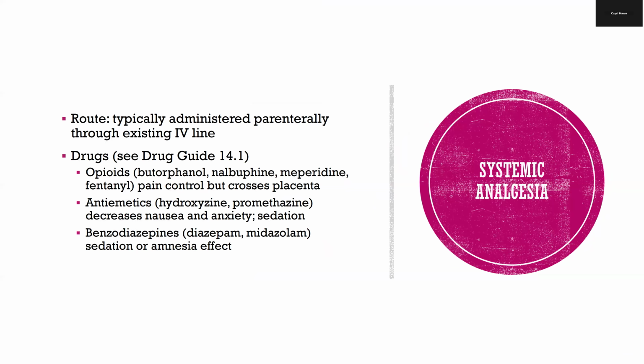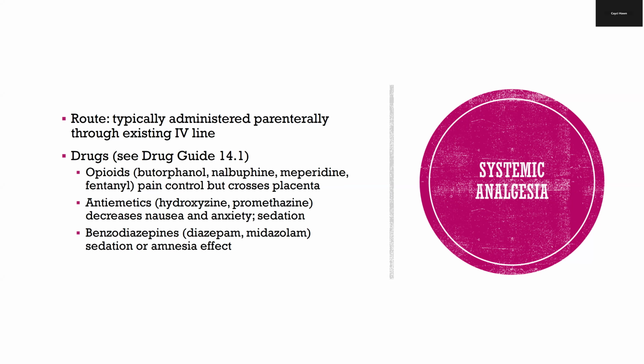So our systemic analgesia is typically administered parenterally through your existing IV line. It could be opioids, but those cross the placenta. It could be antiemetics like hydroxyzine, and those can cause sedation, or even benzodiazepines that give us sedation or amnesia effect, like midazolam or diazepam.